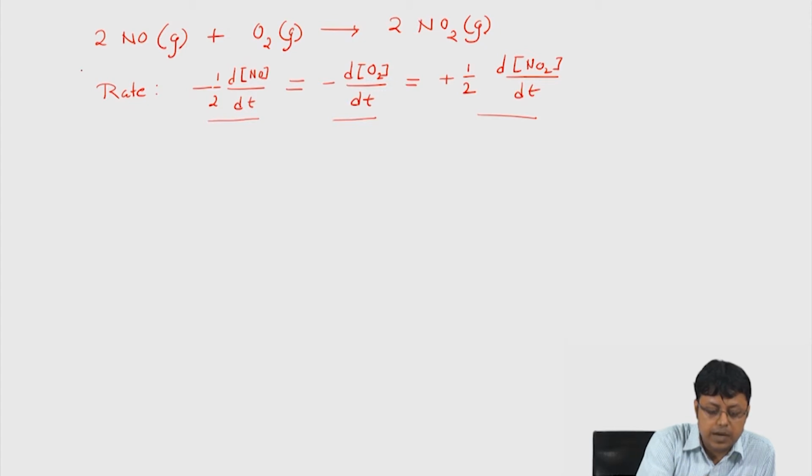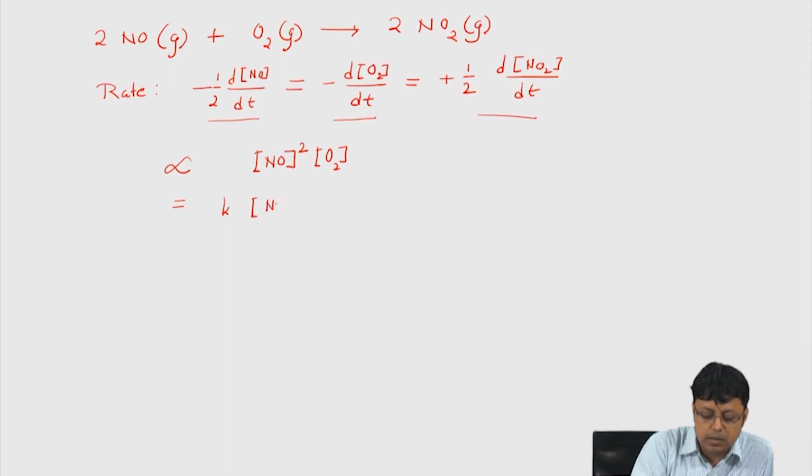For this particular reaction, we will see that this rate varies with the squared concentration of NO, and it varies linearly with the concentration of oxygen. So, together we can write that the rate varies with NO square and oxygen, and the proportionality constant we call the rate constant.